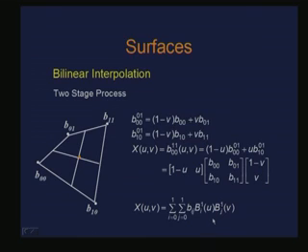Remember that these points are in space, these are not points in a plane. Okay. So, this is the way I can construct a bilinear surface which interpolates the 4 corner points.